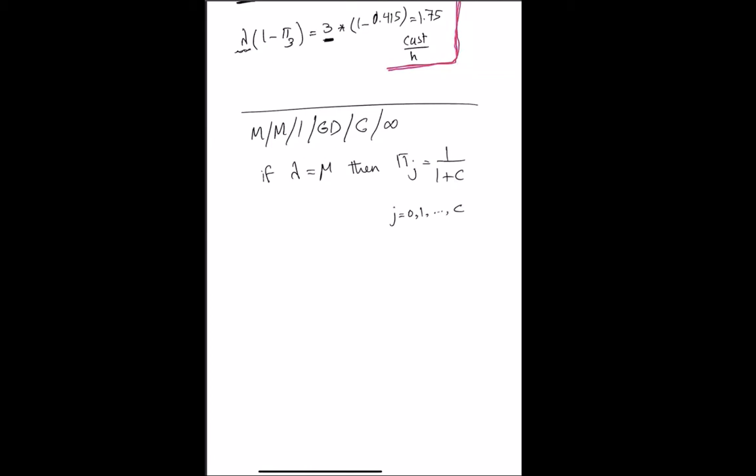So no matter how many people are in the system, from 0 people to c people, pi j for any one of them is 1 over 1 plus c.